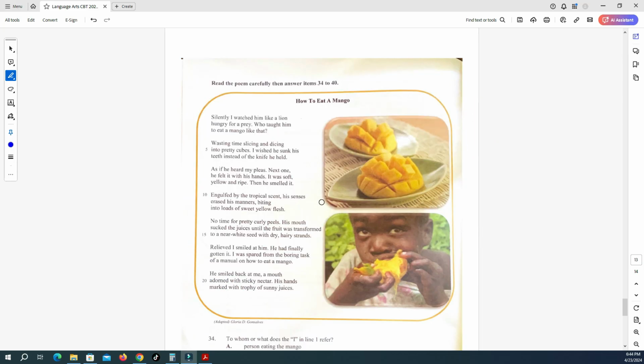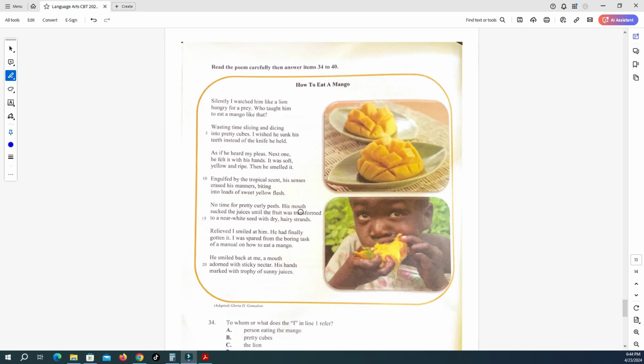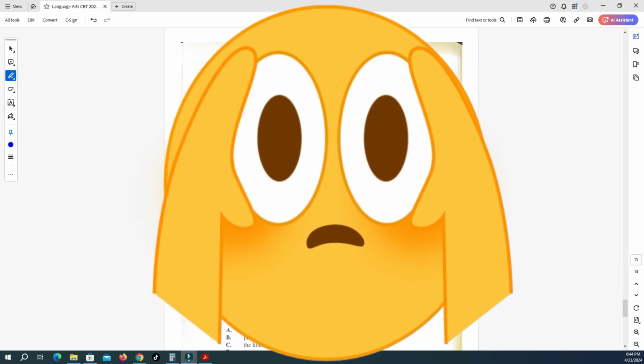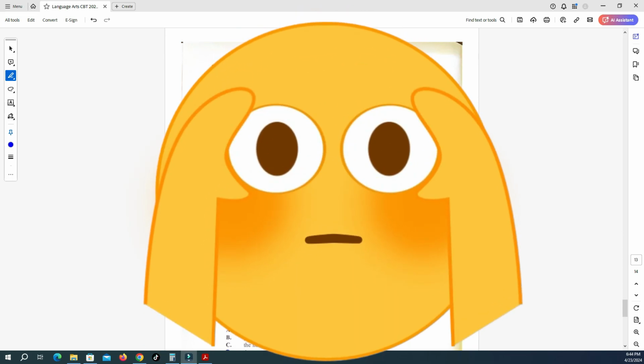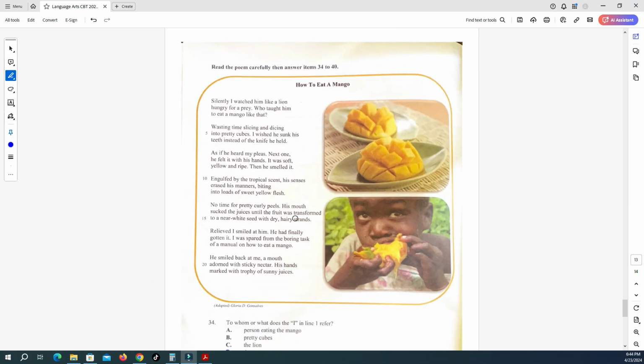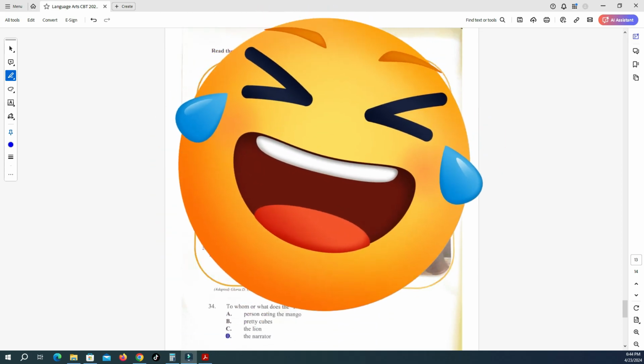Then he smelled it. Engulfed by the tropical scent, his senses erased his manners, biting into loads of sweet yellow flesh. No time for pretty curly peels. His mouth sucked the juice until the fruit was transformed to near white seed with dry hair strands.